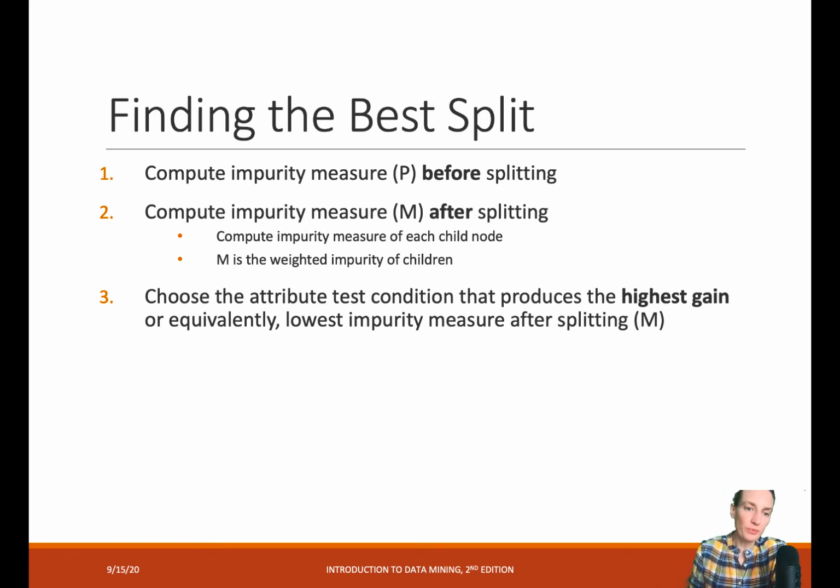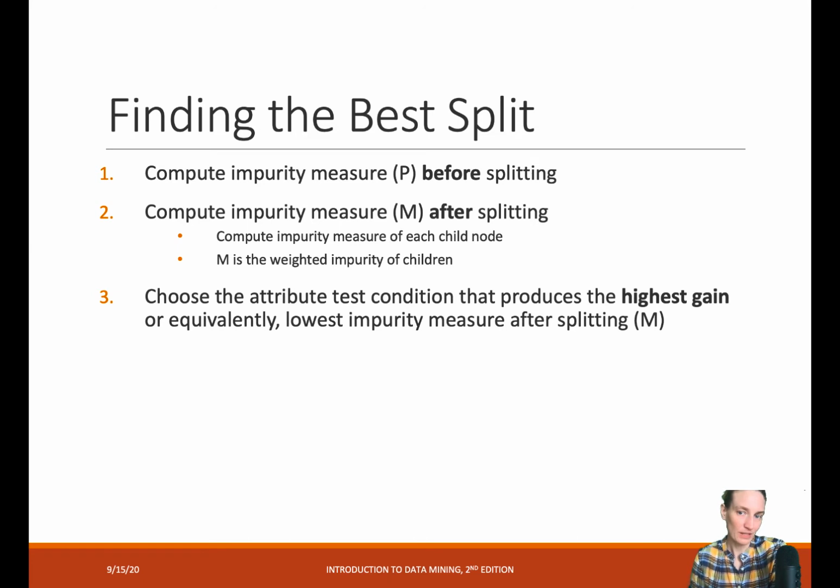So what do we do? We calculate whatever measure we're using. We're going to calculate the impurity before doing the split and after the split. And then we're going to choose the test condition or the feature that produces the highest gain, or the lowest impurity measure, which is the same, after splitting.